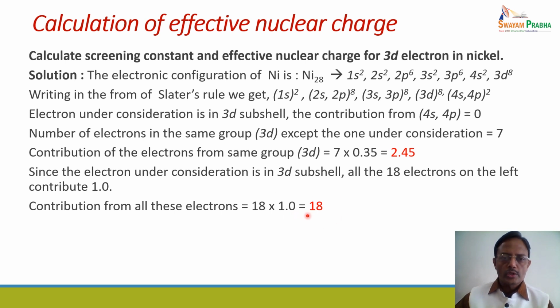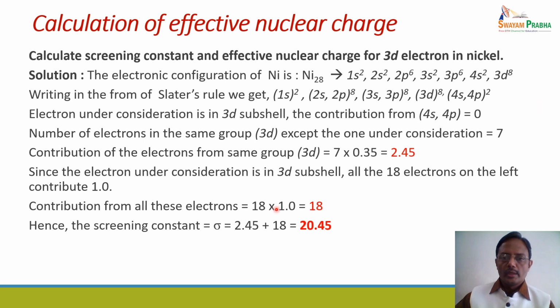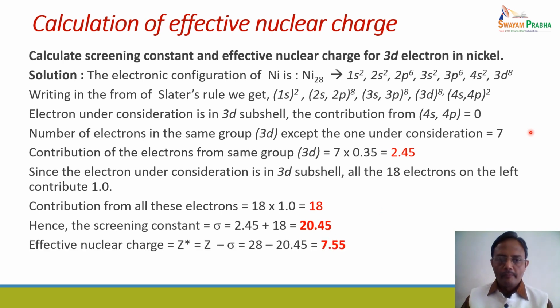So their total contribution is 18. The total contribution of all the electrons is 18 plus 2.45, which is 20.45. This is the screening constant sigma.